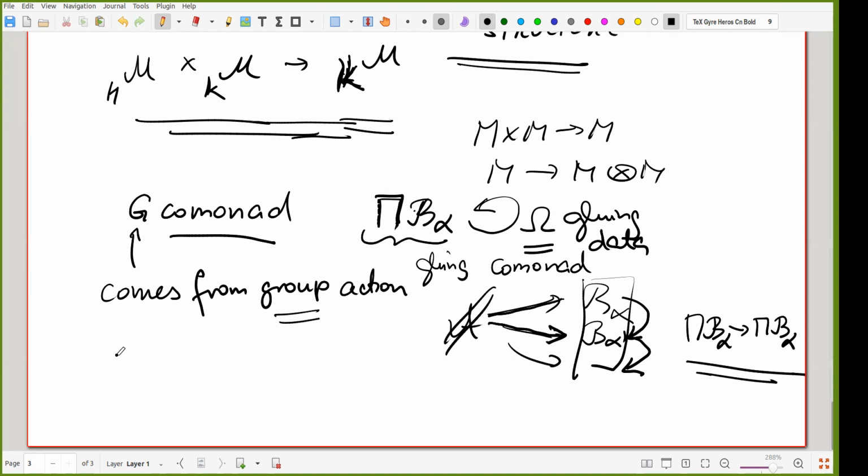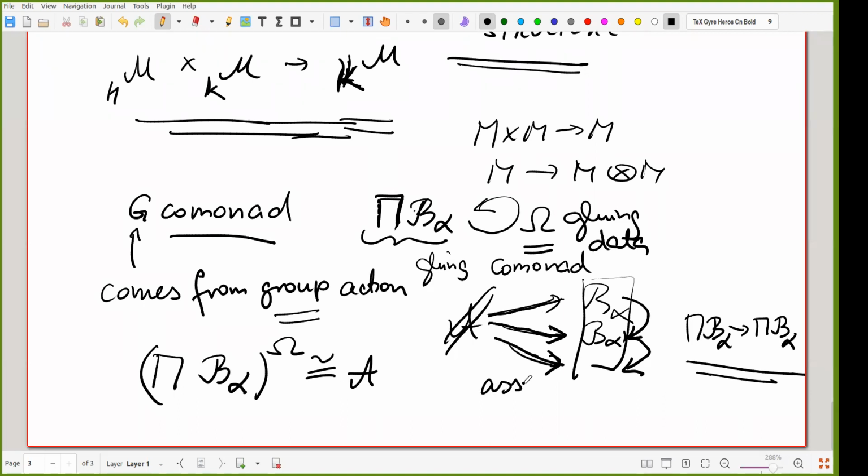And then if you have this category B alpha, then simply from this gluing comonad, there is a formal construction of how to get back A under assumptions on this cover. So there are assumptions on this, and I can get back this original category A, the same as I could get from this gluing data.